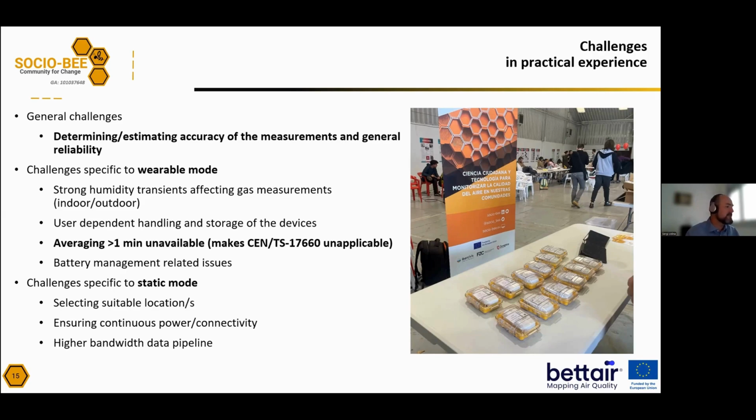And then there were challenges specific to static mode, which was selecting a suitable location for the node to stay, so that nobody steals it or anything bad happens to the device, and ensuring continuous power and connectivity. Also, the static measurements require a higher bandwidth data pipeline, because it's continuous, shooting measurements every 10 seconds. When you have many of them, hundreds of them, your data pipeline to the cloud and the calibration services need to be streamlined. And there are challenges there also.